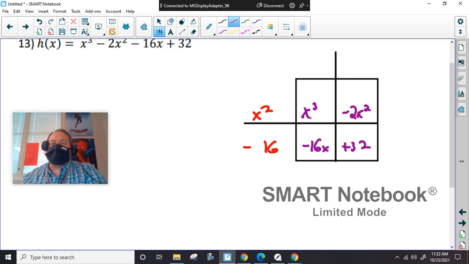What's the GCF between x to the third and minus 16x? X. Now I've got to have a negative right here because that's a negative. What's the GCF between 2 and 32? 2. All right, so I take this.